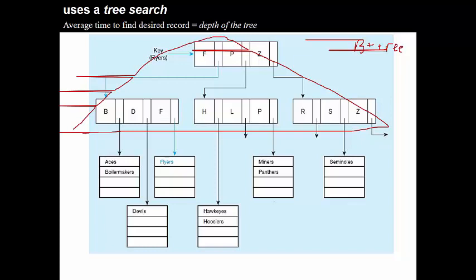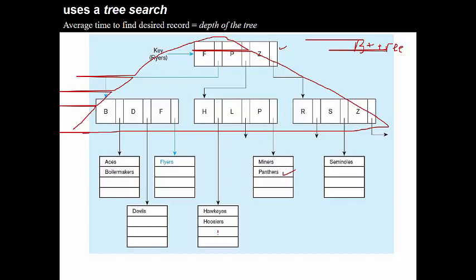Which node do you want to go to? How many nodes can you access? First you access here, and then you know which path to go through, then you know where you need to go. So 1, 2, and 3.